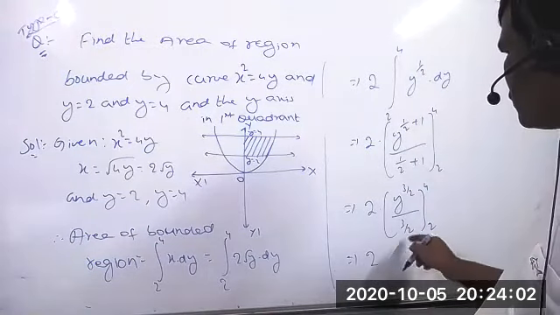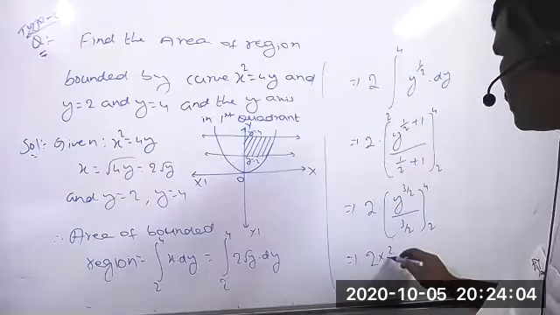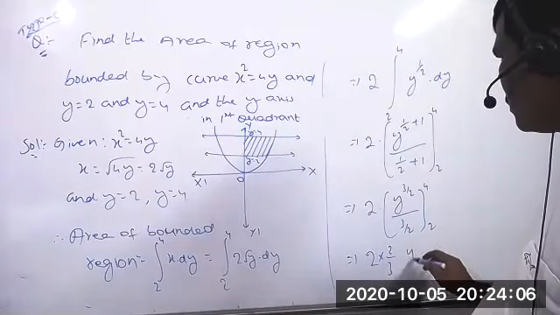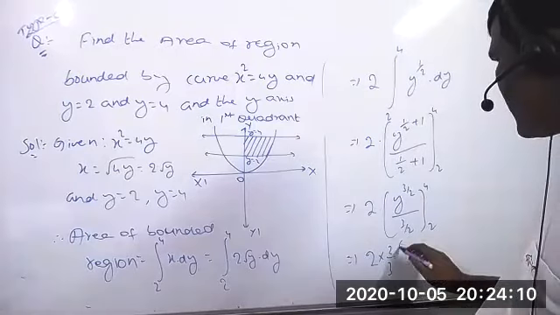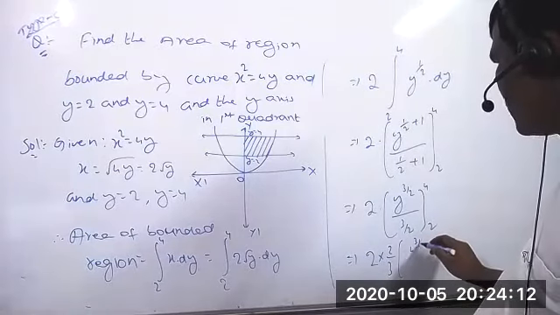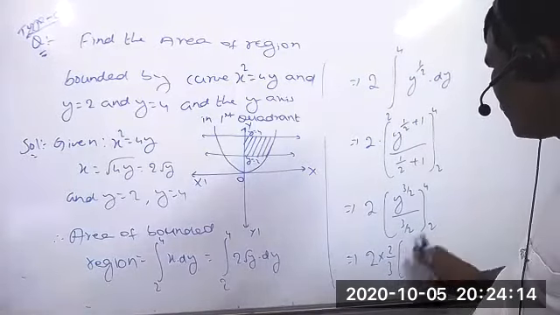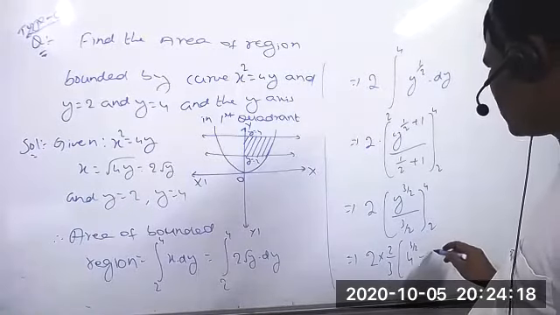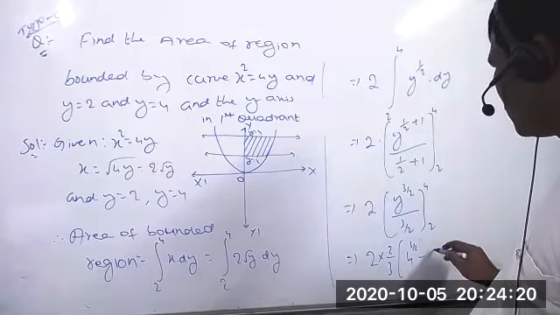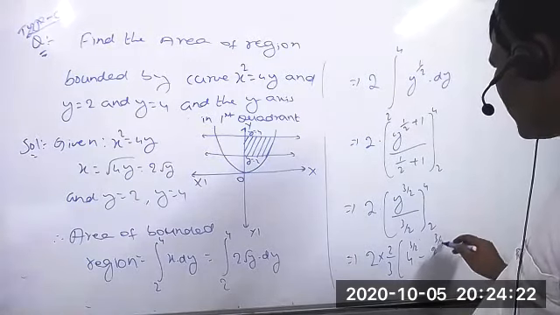So 2 into 3 by 2, take the reciprocal, it becomes 2 by 3. So for y power, first take 4: 4 power 3 by 2 minus 2 power 3 by 2.